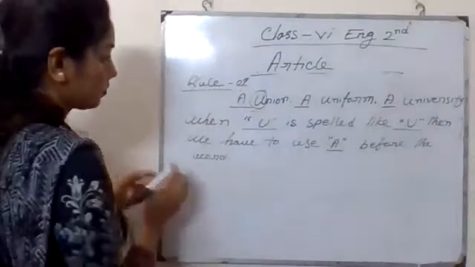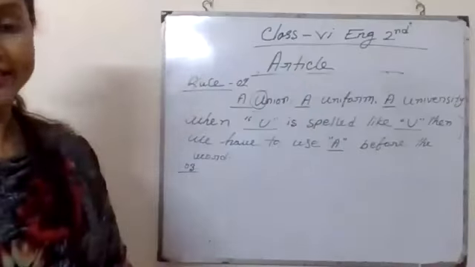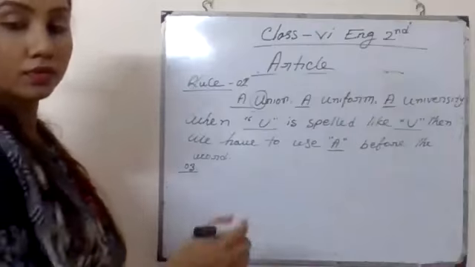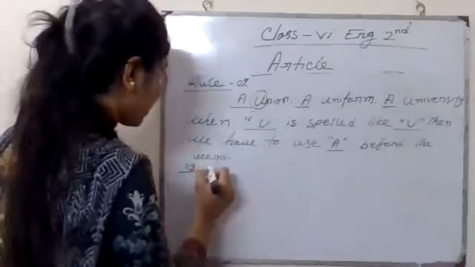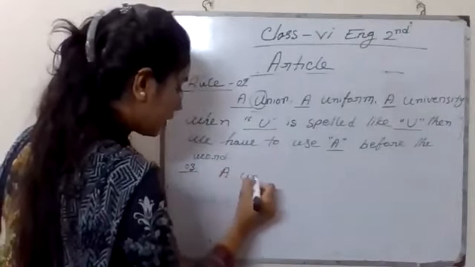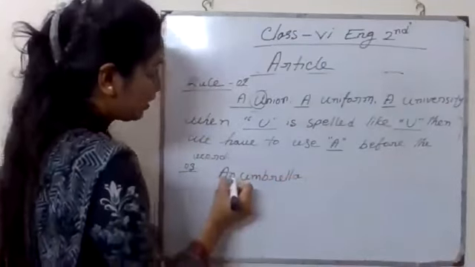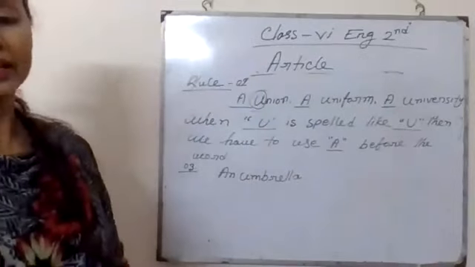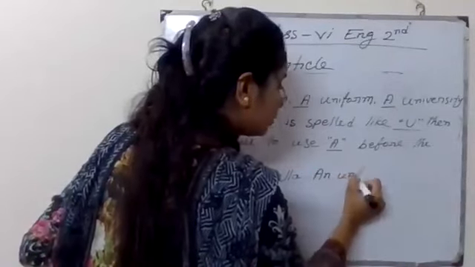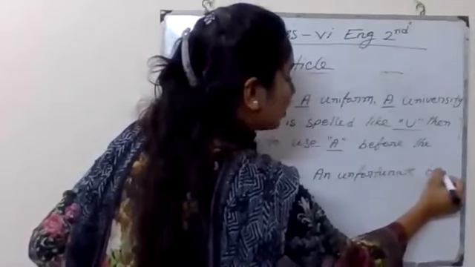Okay, now rule 3. Here I have written down an umbrella and an unfortunate boy.